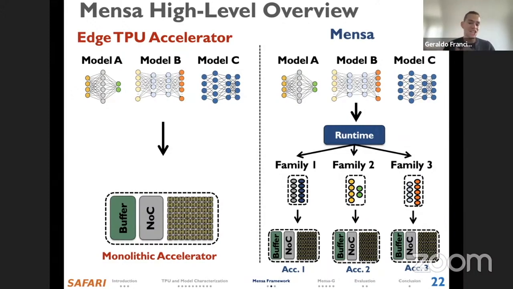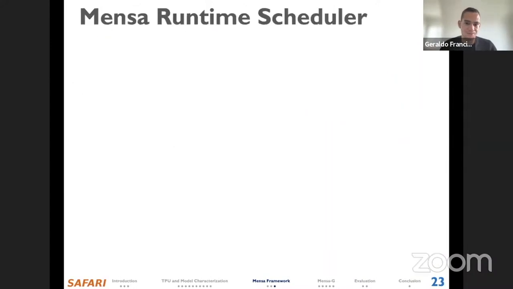By specializing each accelerator to a subset of layers, Mensa avoids the shortcomings of current monolithic edge machine learning accelerators, resulting in a highly efficient and high-performance accelerator at the same time with a much smaller overall system area. So next, I'm going to briefly introduce the Mensa runtime scheduler.